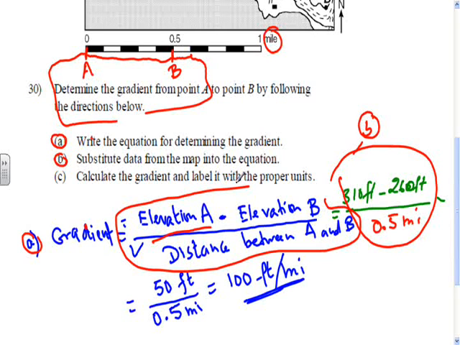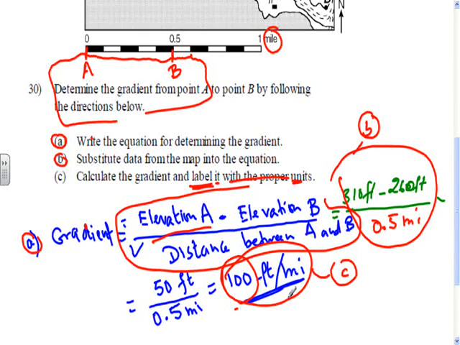And calculate the gradient, so you got this number. Find the gradient, that's the gradient, 100, and label it with the proper units, which means you have to write the unit, feet per mile.